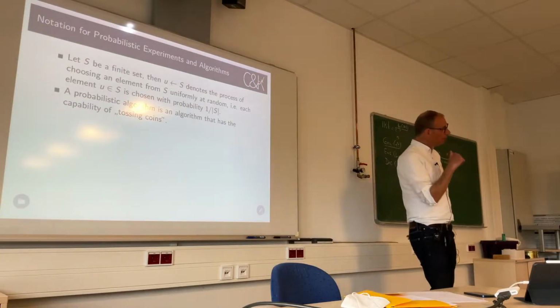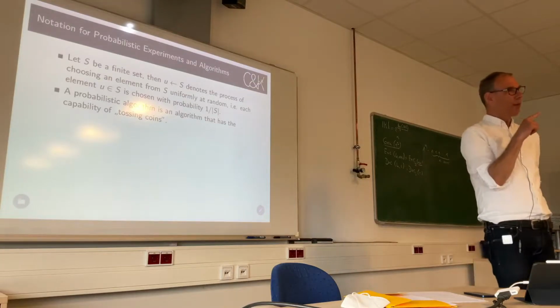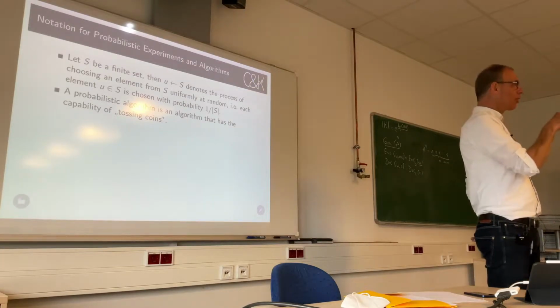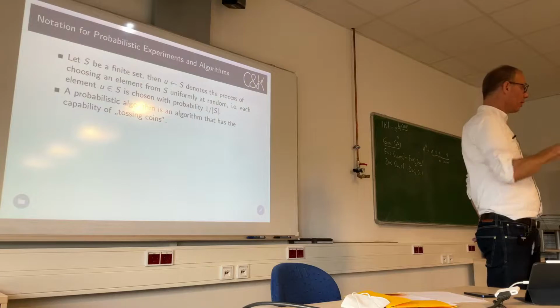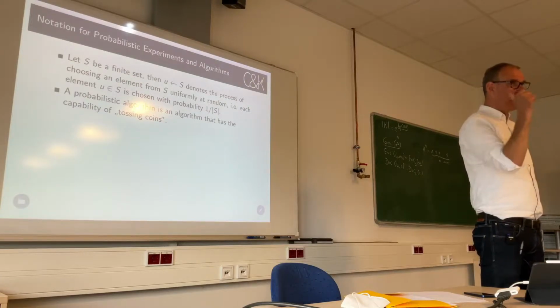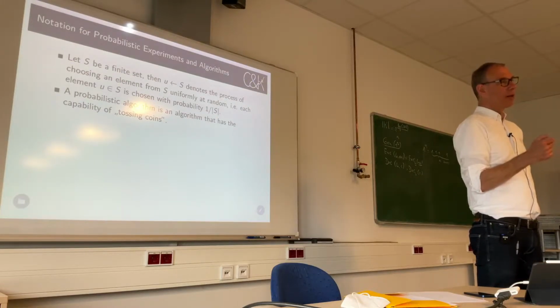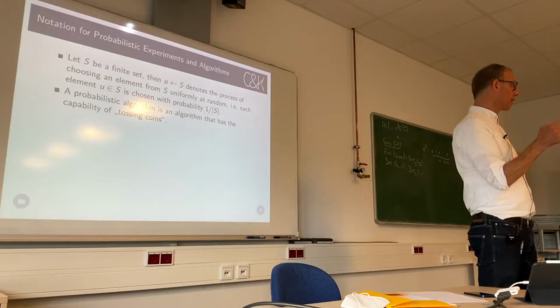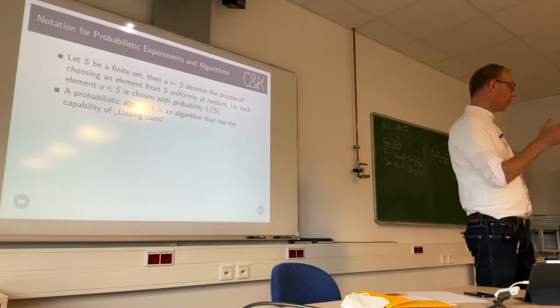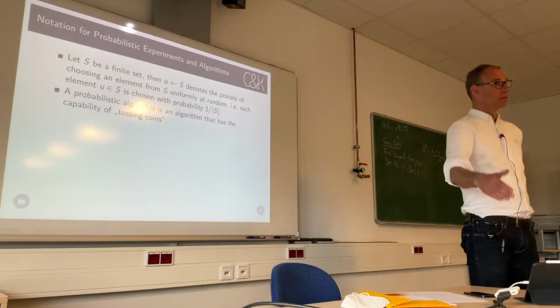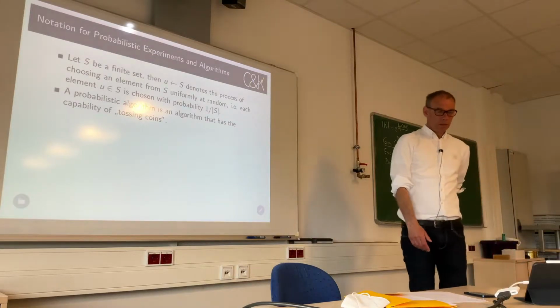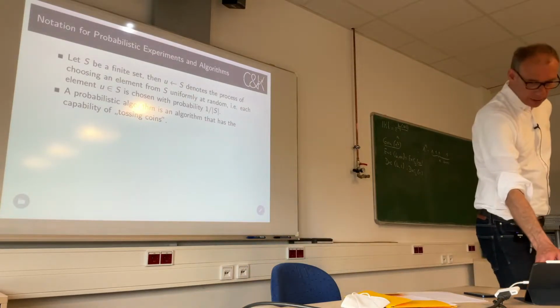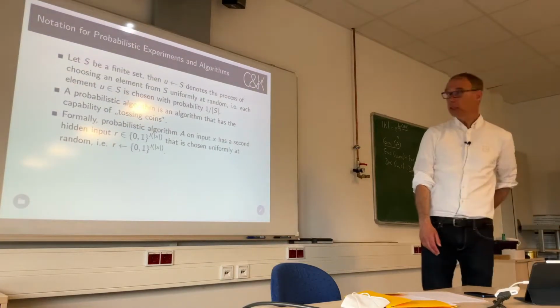And a probabilistic algorithm is an algorithm that can do exactly that, on top of all the other things that it may do. It can toss a fair coin as often as it likes, and gets a sequence of random bits. So it has the capability of tossing coins.